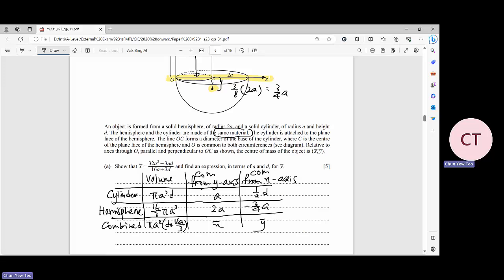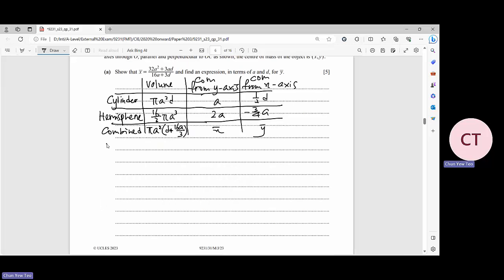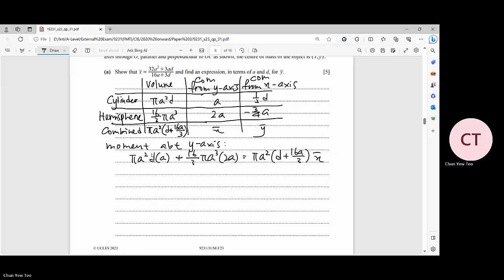Okay, so now let's find the moment about the y-axis. Then you get pi a squared d multiplied by a, plus 16 over 3 pi a cubed multiplied by 2a, is equal to pi a squared d plus 16a over 3, times bar x. So the pi a squared cancels.